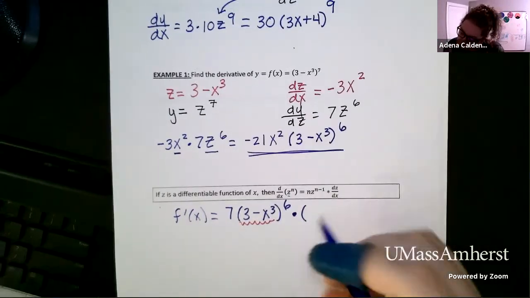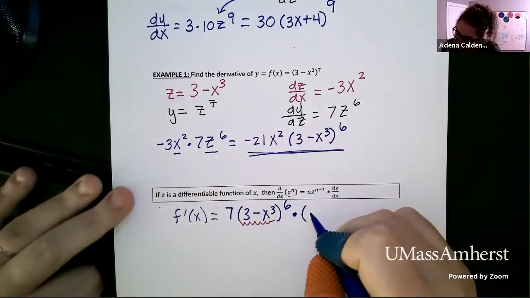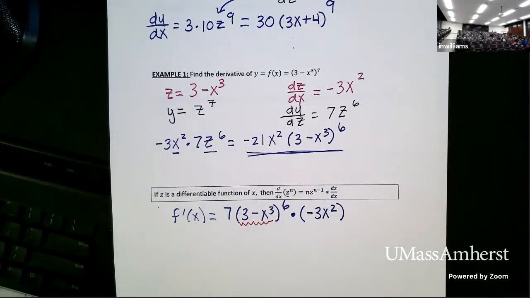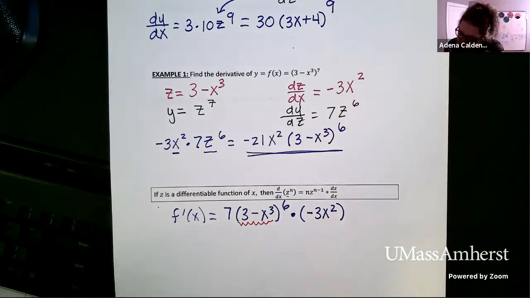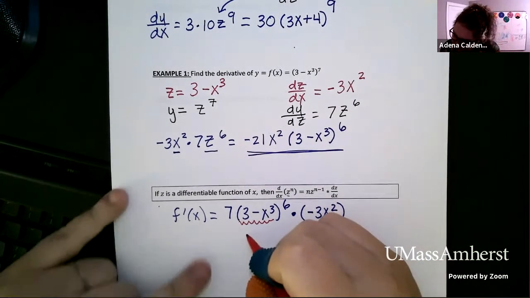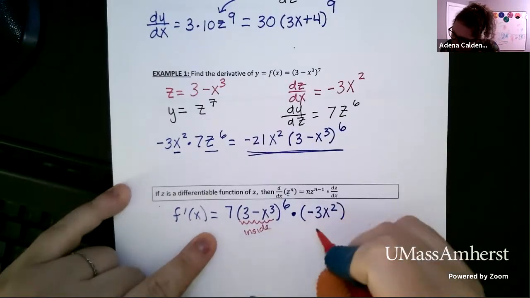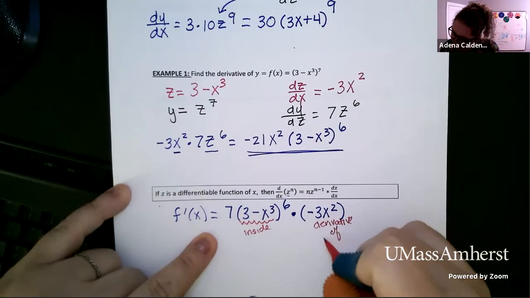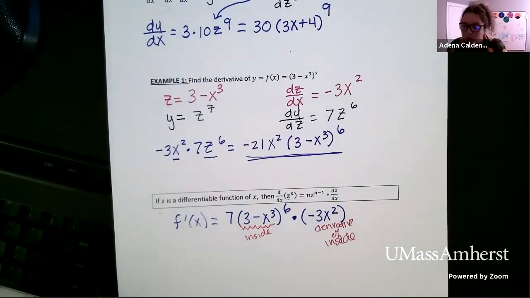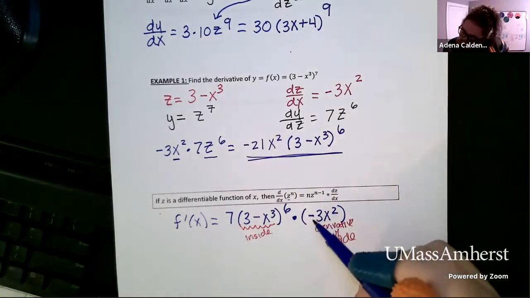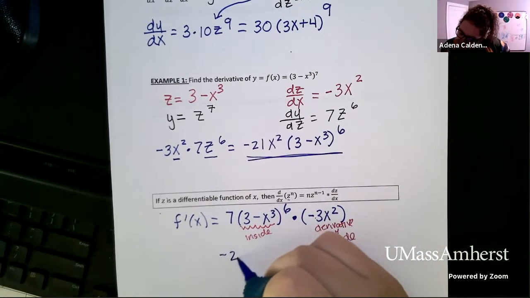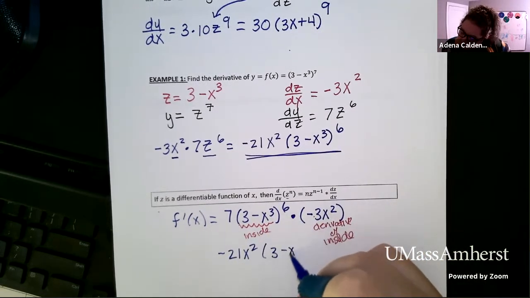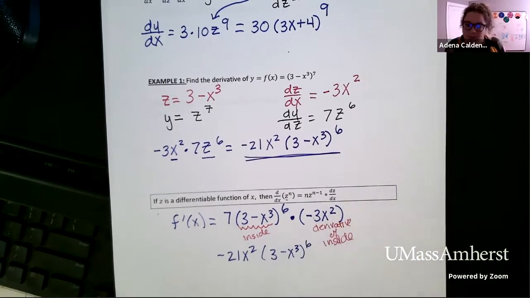So the derivative of the inside, I have 0 minus, so I have minus 3x squared. So this is inside, this is derivative of inside, okay? And then you would still take one step to simplify, right? So here we still get negative 21 x squared. I bring that to the front, 3 minus x cubed to the 6th.